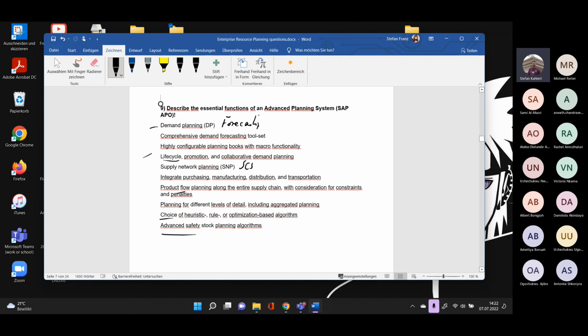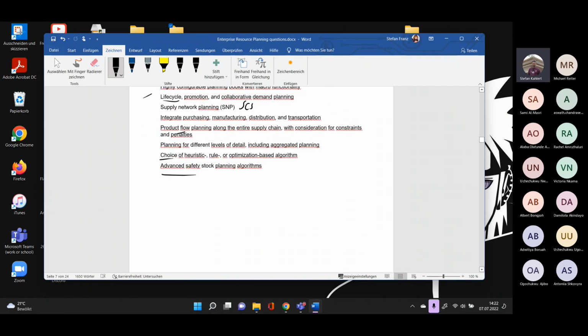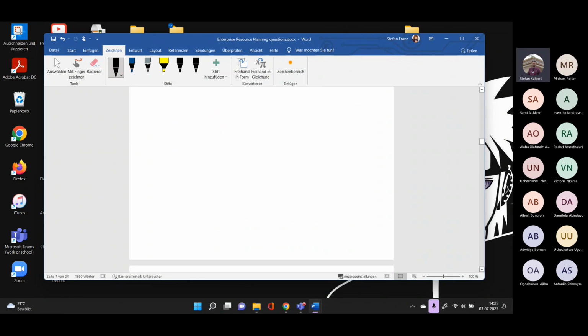So algorithms you find everywhere. Even if you do an order with Amazon or on eBay, you will see that you somehow get customized offers for your belongings, even if you don't ask for them.